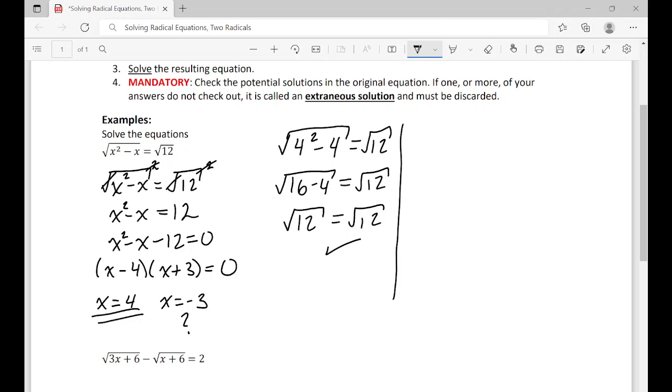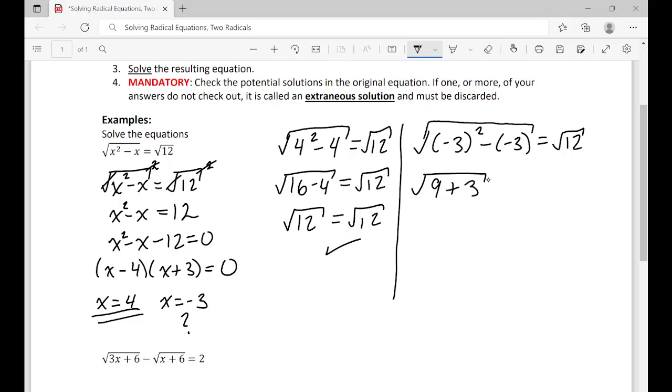Now let's try out negative 3 and see how that works. The square root of negative 3 squared minus negative 3 equals the square root of 12. Going to do the arithmetic on the inside. Negative 3 squared is 9. Double negatives will make a positive.